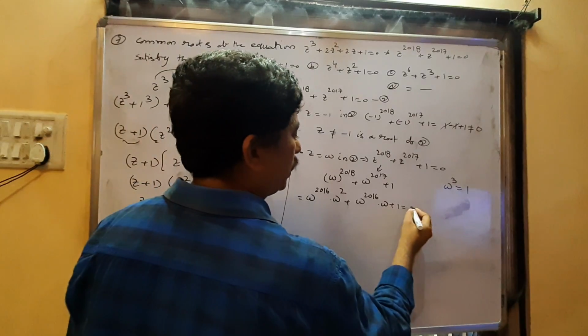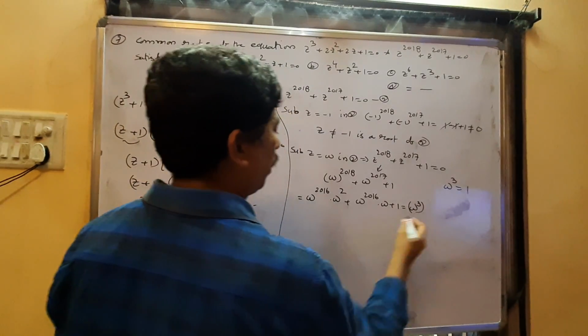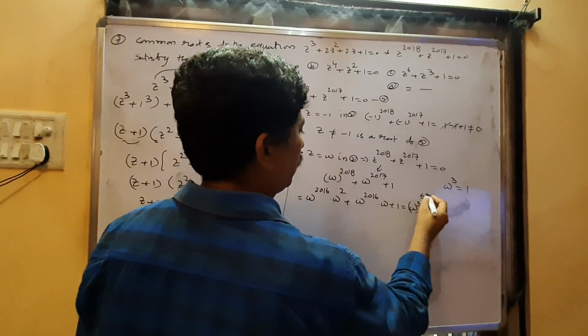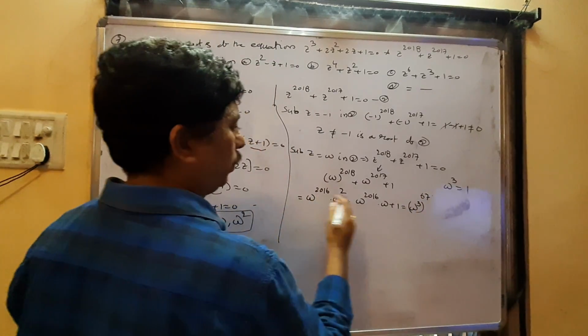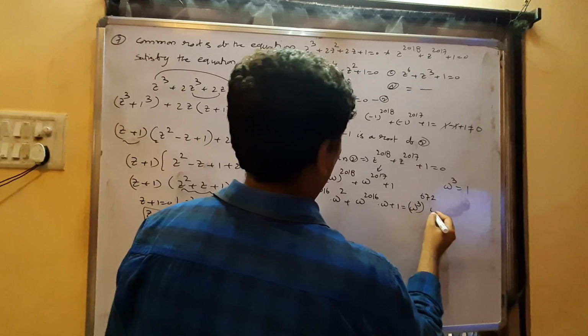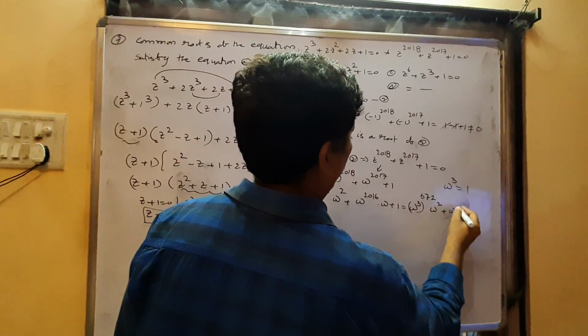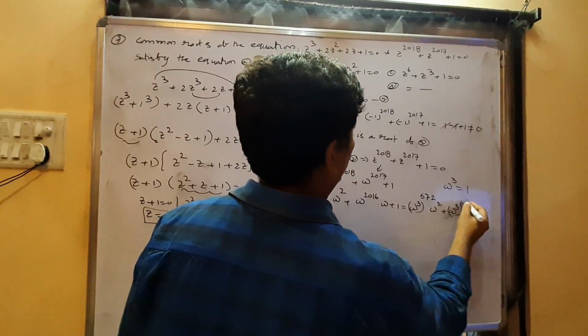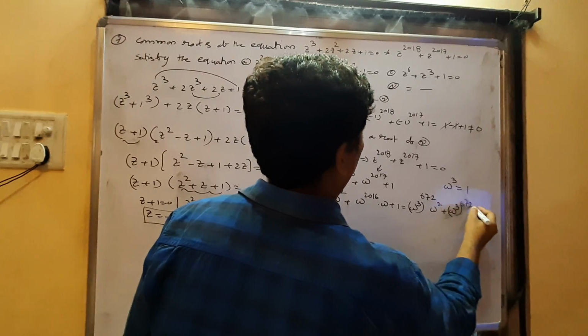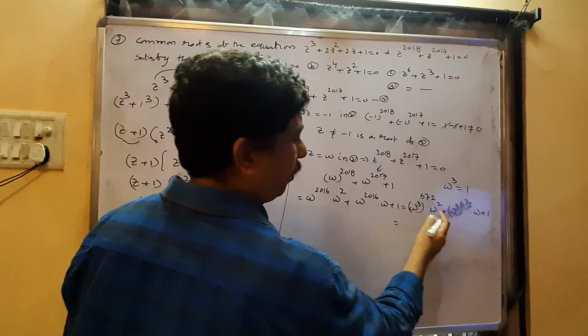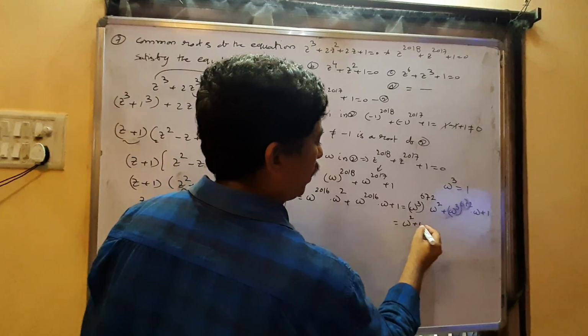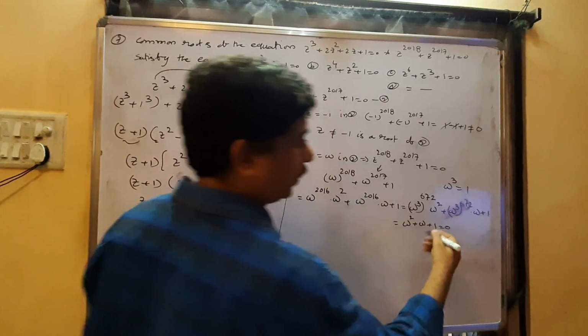Omega^2016 means (omega^3)^672, so we get (omega^3)^672 times omega^2 plus (omega^3)^672 times omega plus 1. Omega cube is 1, so it is omega^2 + omega + 1, which is obviously 0.